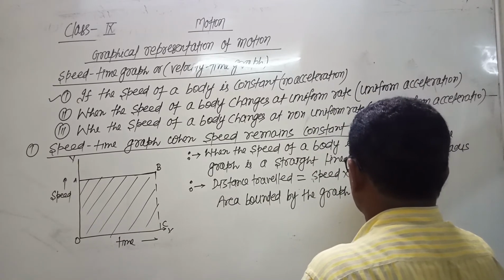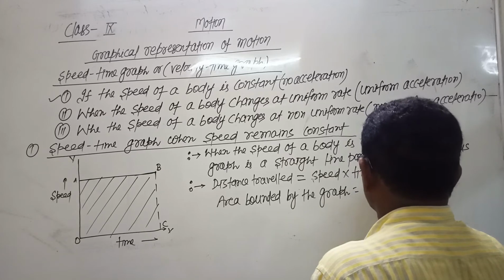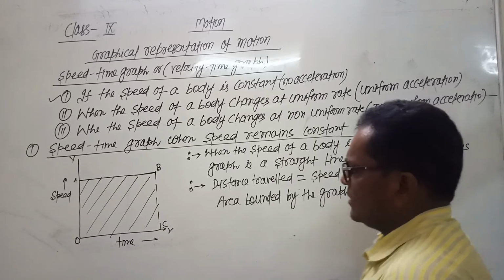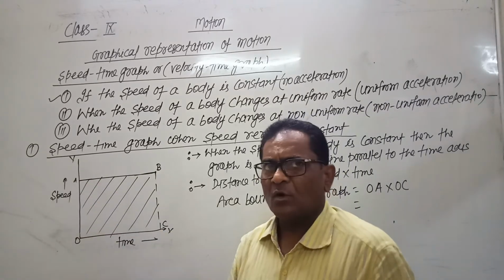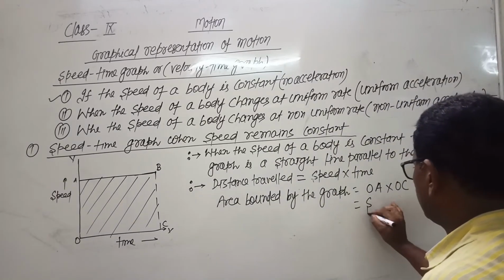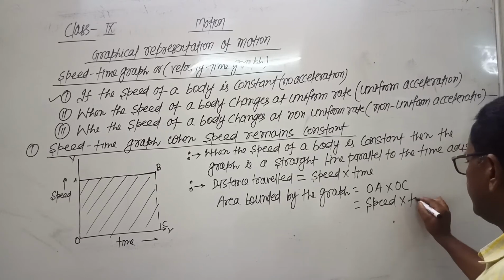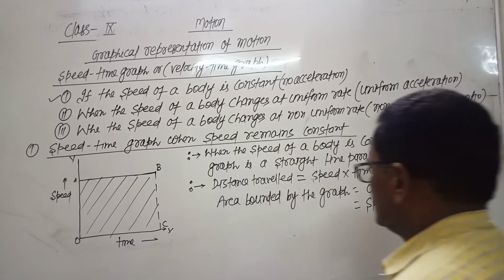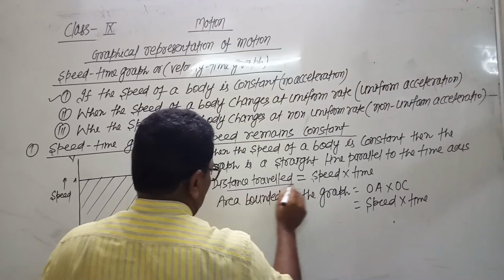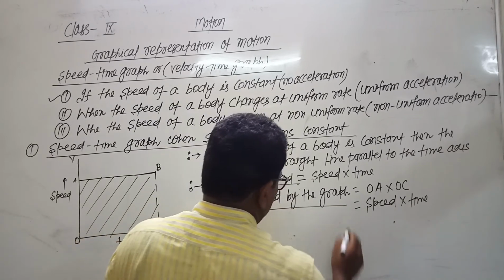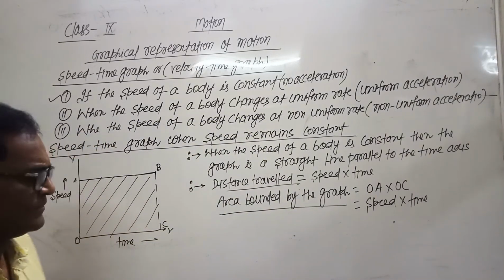So area equals OA into OC. What is OA? OA is the speed and OC is the time. So distance travelled must be equal to the area bounded by the graph.